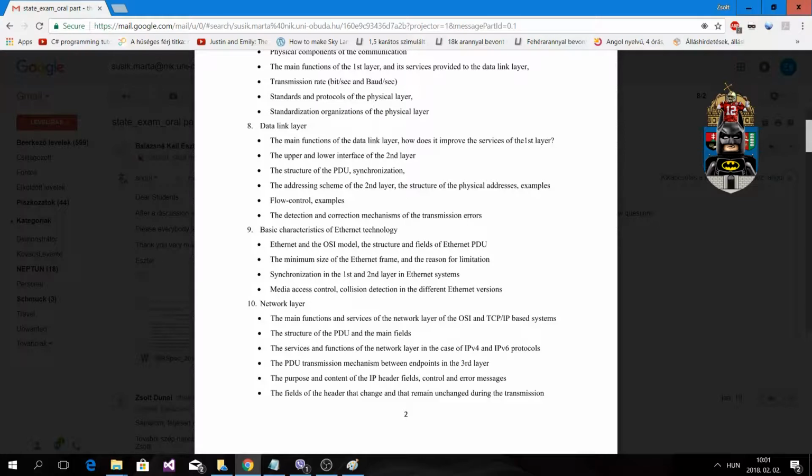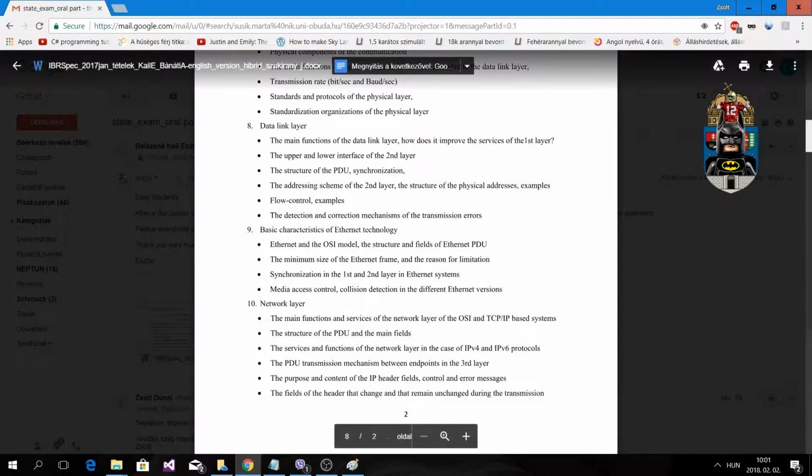You can find the exact process of error detection in a previous topic, so please go back there, because I don't want to tell everything again. And basically that's all.